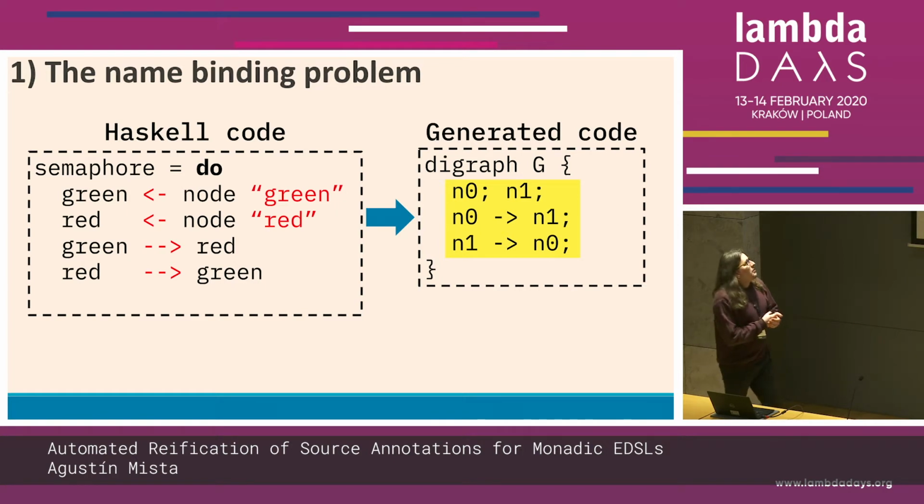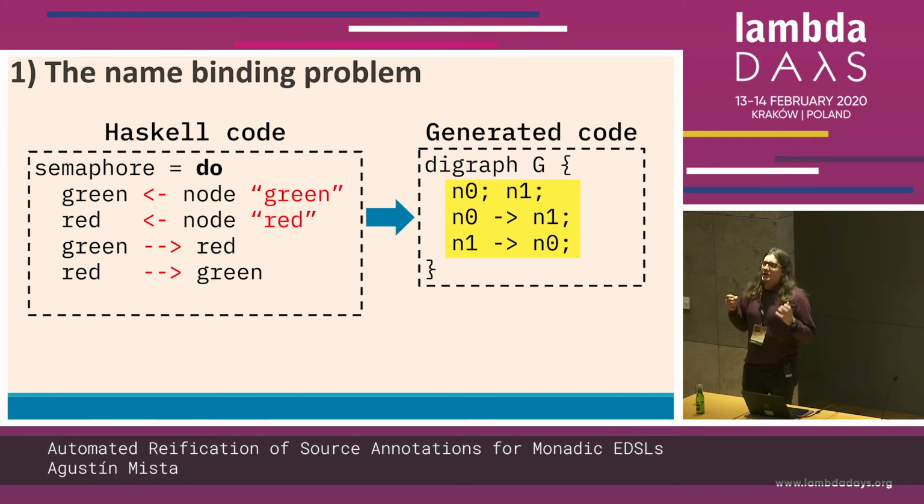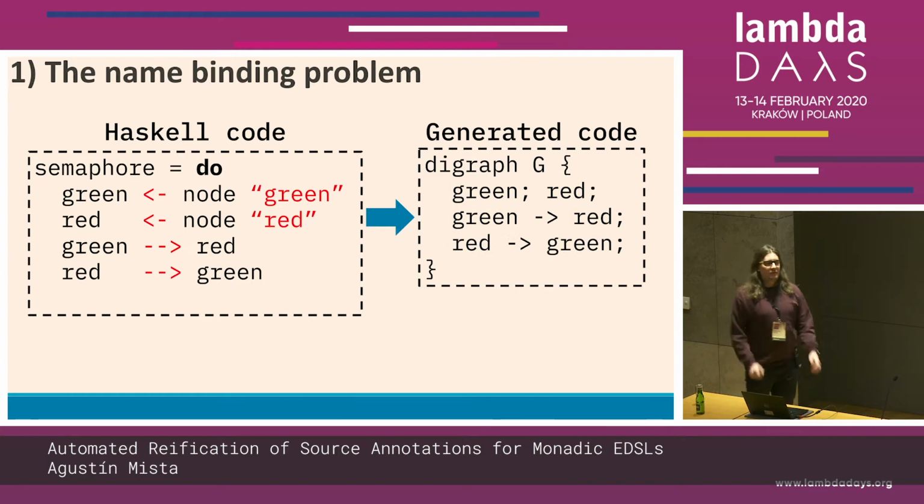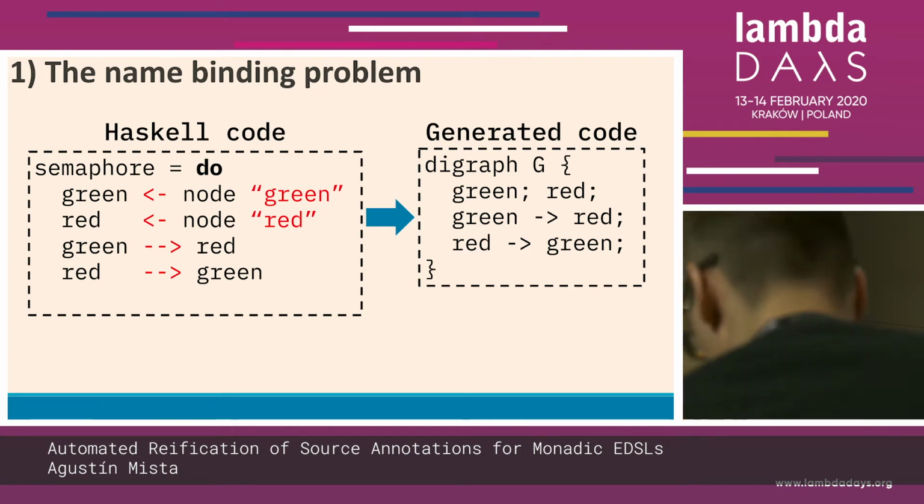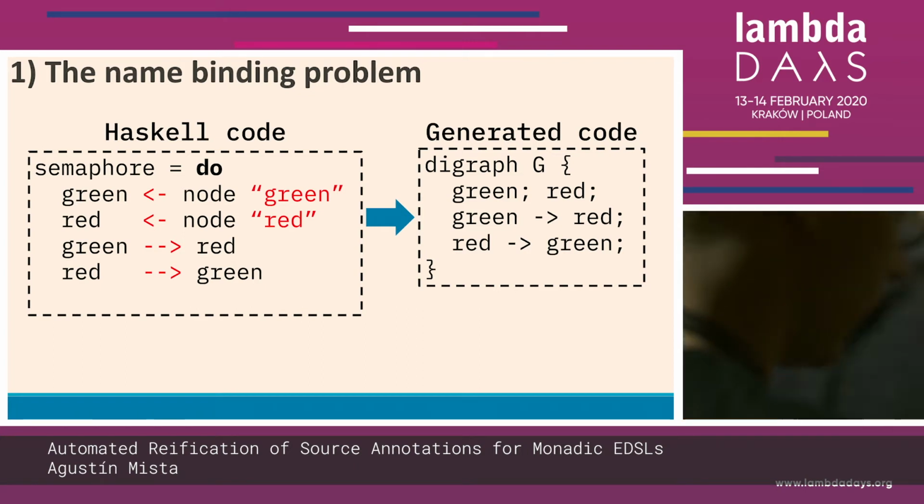And there is a second problem here. That is, how difficult it is to report good error messages in embedded EDSLs. So for example, let's say that we want to avoid the user defining multi-graphs. So a repeated edge, like red to green, should raise an error, right?